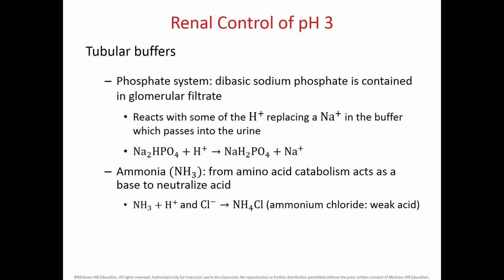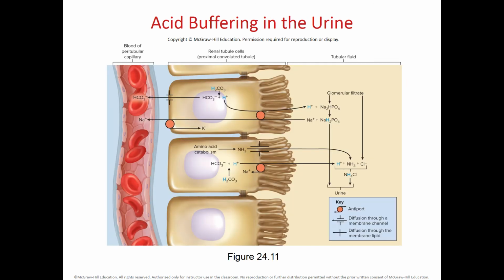It's going to neutralize the pH, so you will have a combination of hydrogen ions with ammonia or ammonium ions that will act as an acceptor of hydrogens, and then you combine this with chloride ions, and you form ammonium chloride, which will be a weak acid. And again, this happens within these tubular cells in the proximal convoluted tubule.